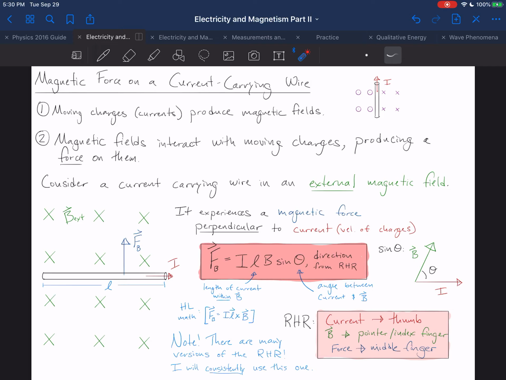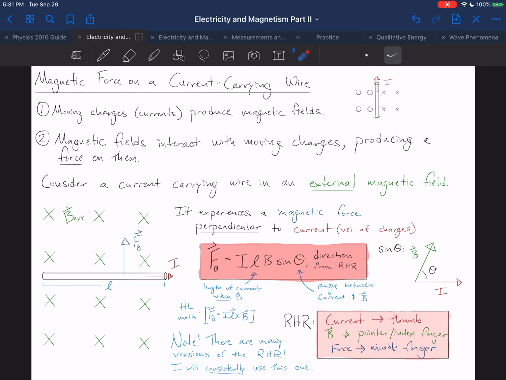With electric force and field, charges produce electric fields, and then those fields act on other charges to produce a force on them. Same dynamic here, except the thing that is producing the field is moving charges, and that moving is non-optional. So it's moving charges which produce magnetic fields, and those fields interact themselves with other moving charges.